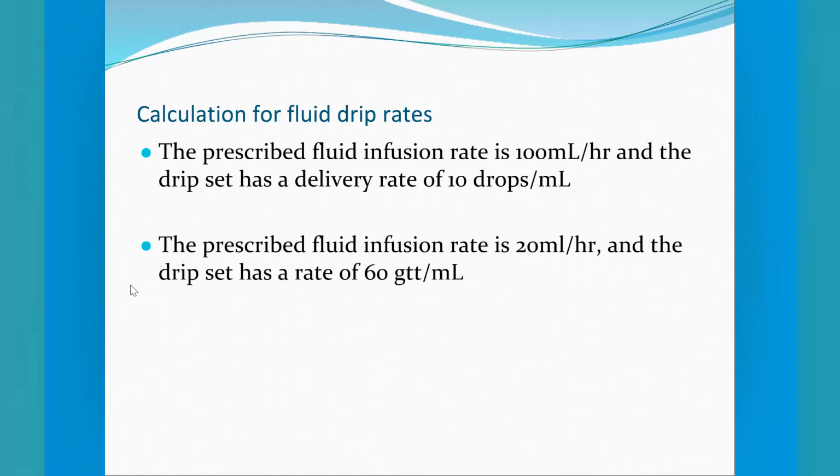And so that means it's 3,600 seconds in that hour. So we have 20 times 60 divided by 3,600. And we get 0.33333333 drips per second. So what do we have to do to get a whole number?